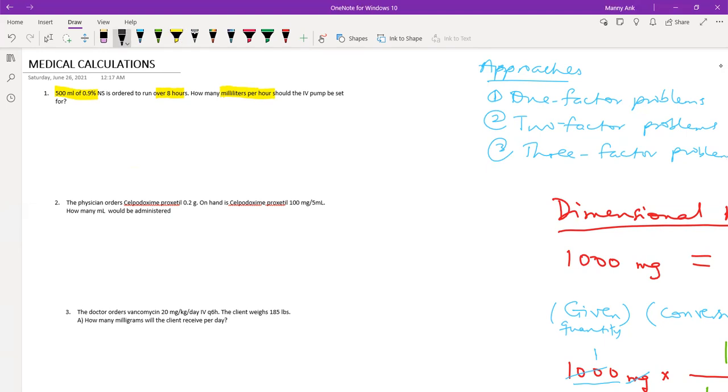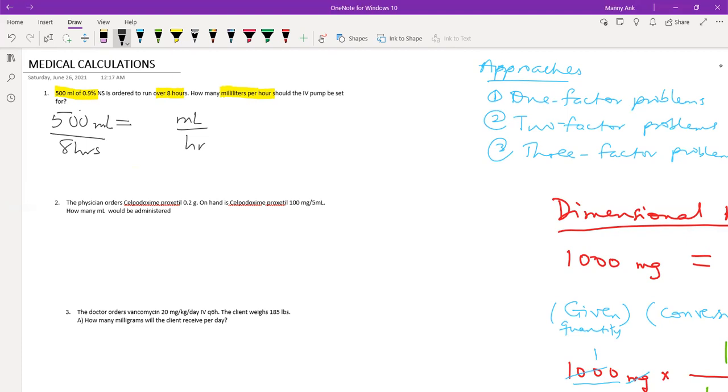To end up with milliliters per hour, I need milliliters in the numerator and hour in the denominator. I've been given 500 ml, divided by the time, over 8 hours. It matches: ml in the numerator, hours in the denominator, which is the unit we want.